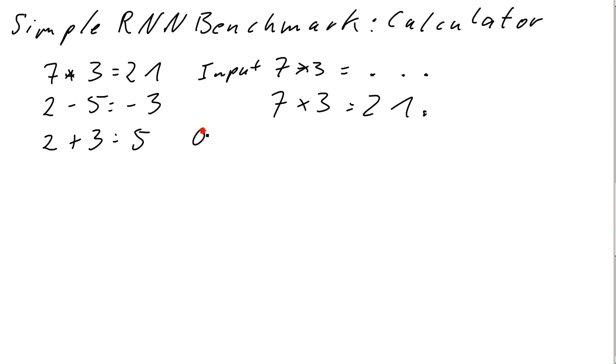When we have a figure input and we don't know, I will still wait, then I make a dot for the output up to the equal, and then I say, okay, 2, 1 and dot. And when the input is a dot and the output is a dot, then in our case the calculation is over.